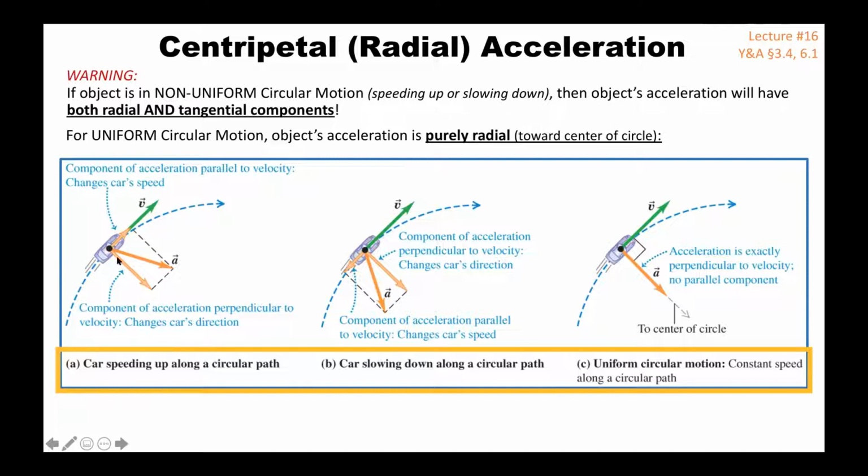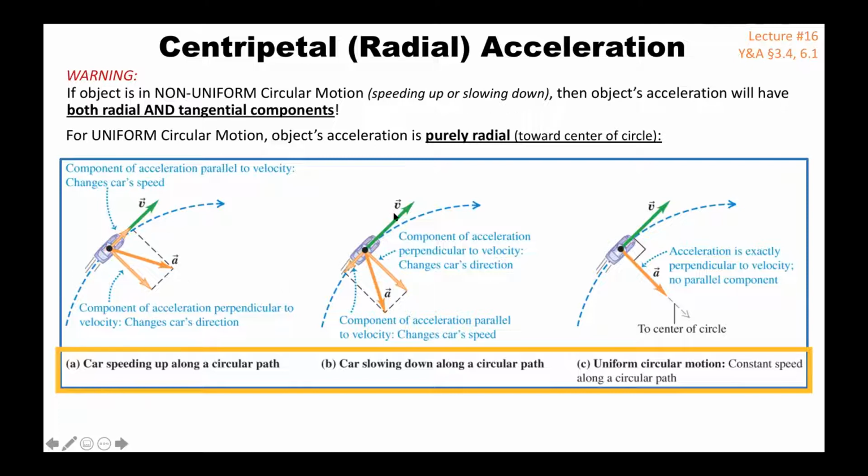But for an object to trace out a circle, you need to have an inward acceleration toward the center of curvature. So that means the total acceleration of the object, here is a top view of a car, is going to be equal to the vector sum of the inward acceleration, which is our centripetal acceleration, and some forward acceleration. So you're going to end up having a net or total acceleration that is not exactly toward the center of the circle.